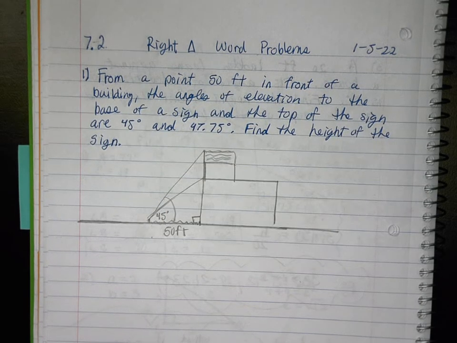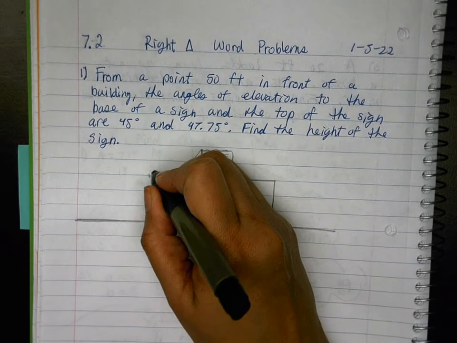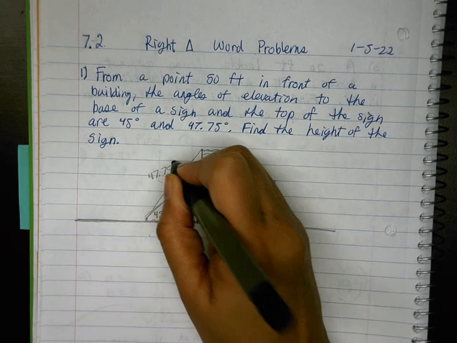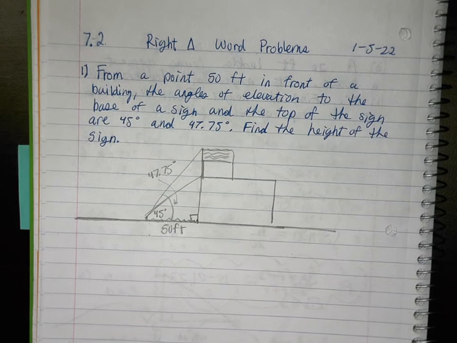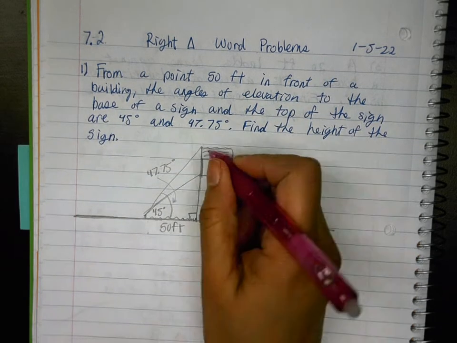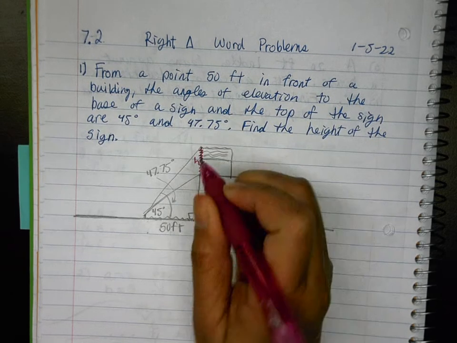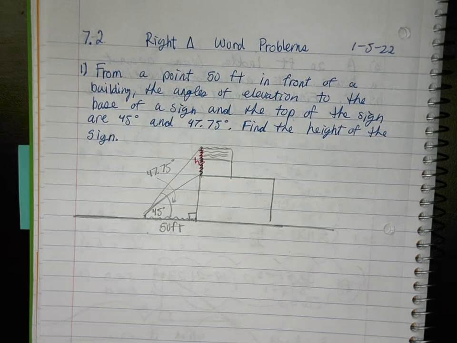Does that make sense? Which is why it's bigger than 45. So all of that together is the 47.75 degrees. Any questions? All right, find the height of the sign. So this right here is what we're looking for. It's the height of the sign.